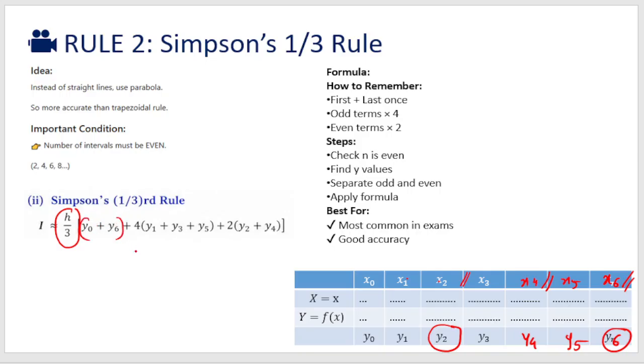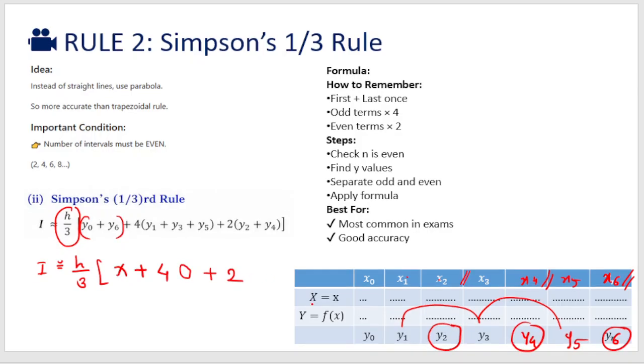Again, the first value and the last value we call capital X, plus 4 times the sum of the odd ordinates, y1, then y3, then y5, and so on, plus 2 times the even ordinates, y2 and y4. So the formula is h by 3 times X plus 4 O plus 2 E. Here O is the sum of odd ordinates, and E is the sum of even ordinates.